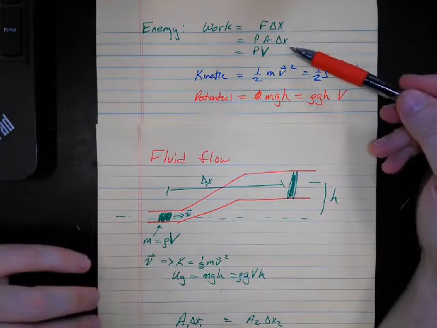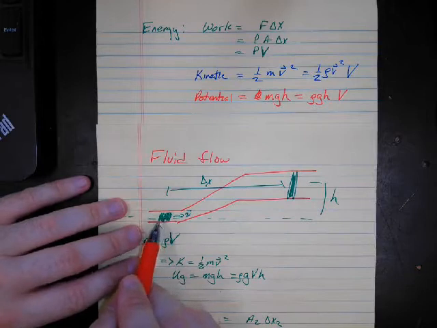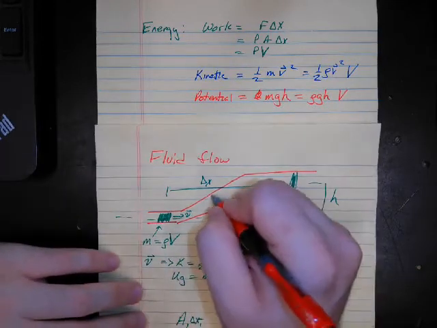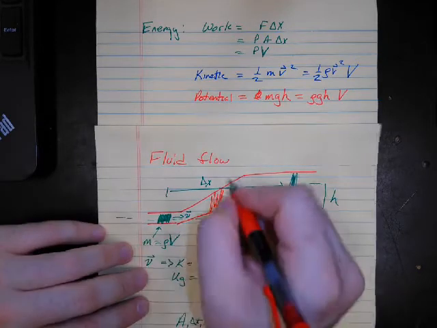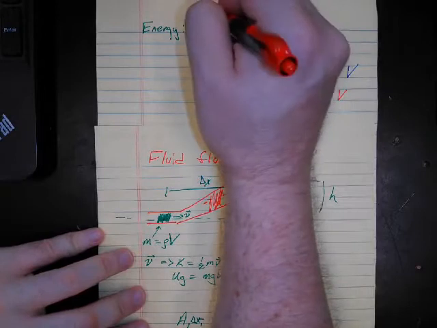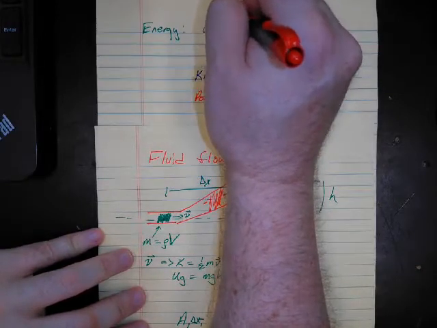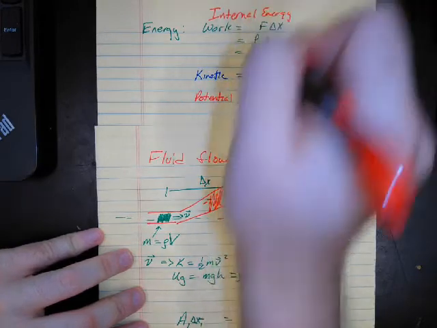The work here is, well, for this chunk of water, it might be us pushing it through, but for other chunks of water, it's the water behind it and the water in front pushing it. All right, so what this work is really is the internal energy of the fluid.